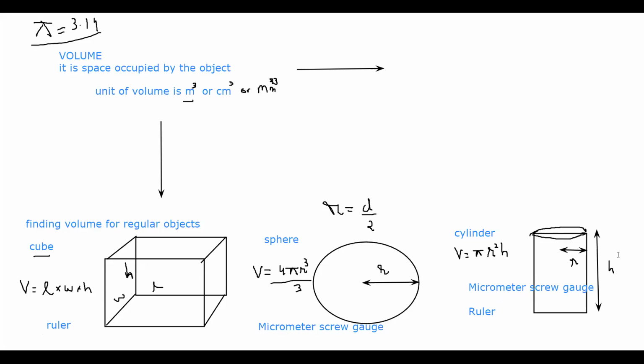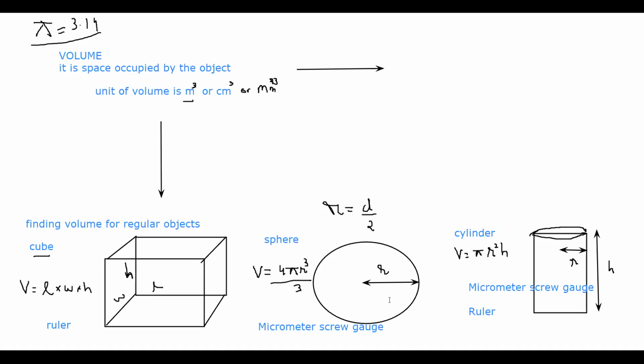Is it clear? These are the apparatus required to measure the volume of a regular object. If it's a cube, then it's length into width into height, so we just need a ruler. If it's a sphere, you place it between the jaws of a micrometer, calculate the diameter, and from the diameter you can find its radius.